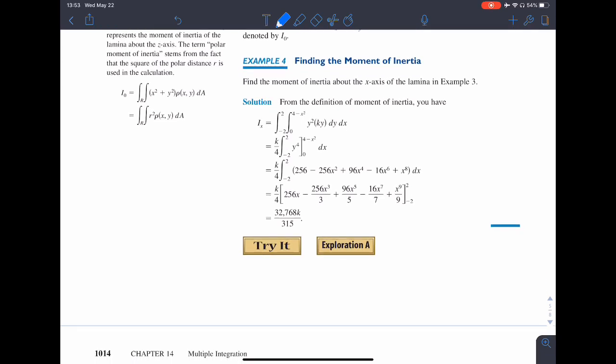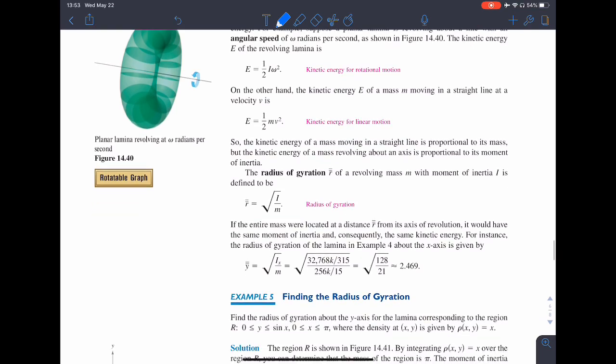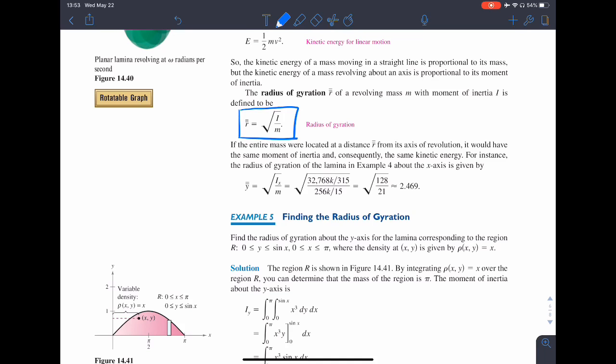And there are problems that directly ask us to find the moments of inertia. So we need to multiply by y squared, not y. And there's another really important equation to remember in this section: R equals the square root of I over m. Specifically, y-bar equals the square root of Ix over m.